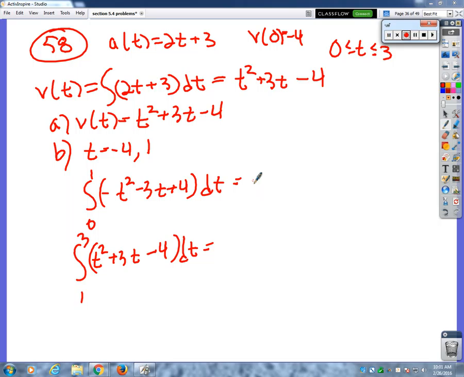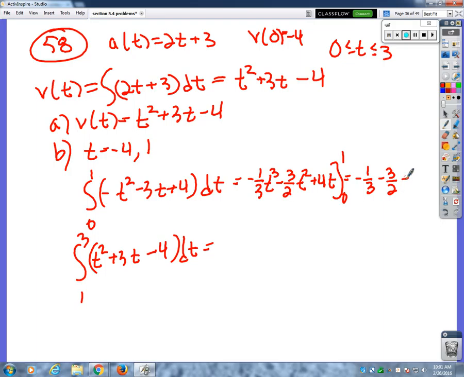Okay, so the antiderivative here is negative 1/3 t cubed minus 3/2 t squared. Okay. Plus 4t. No, because I'm doing the opposite one. Oh, okay, sorry. That's okay. I appreciate you keeping an eye out for me.